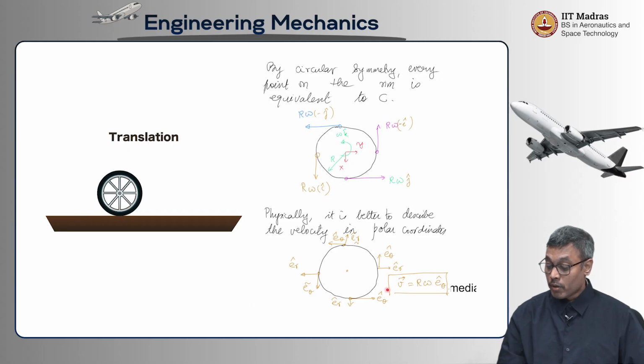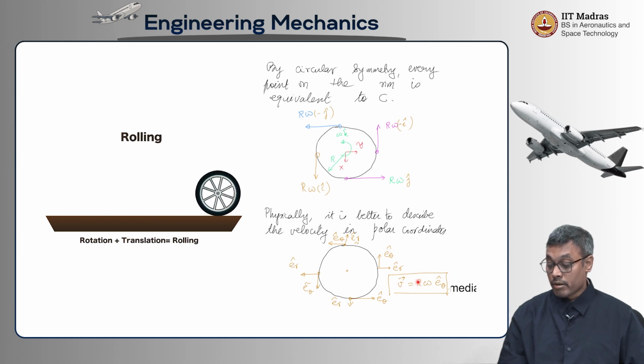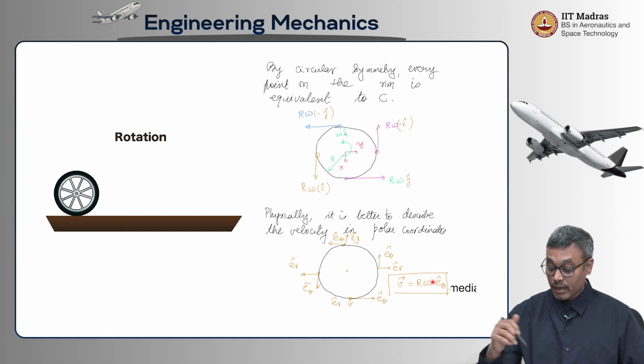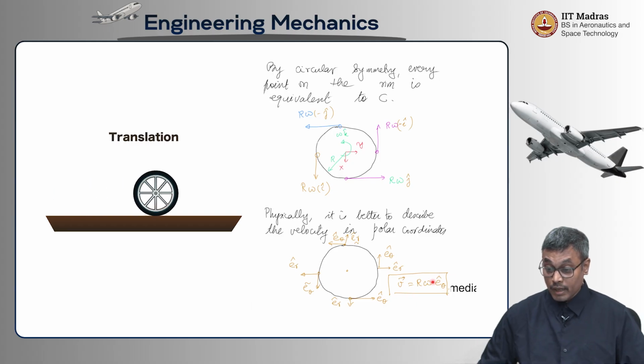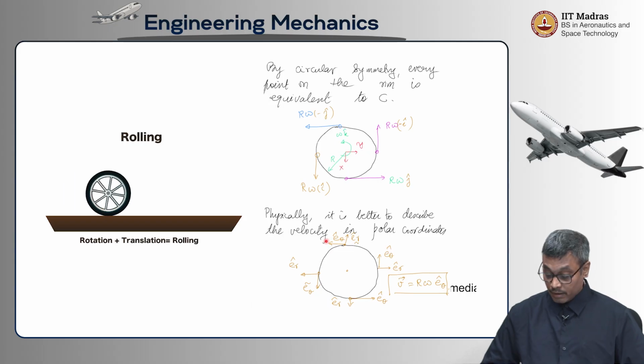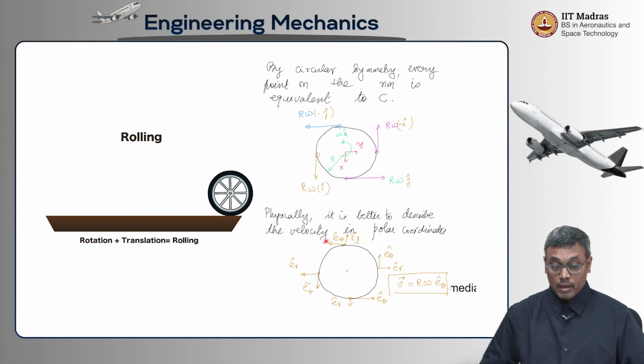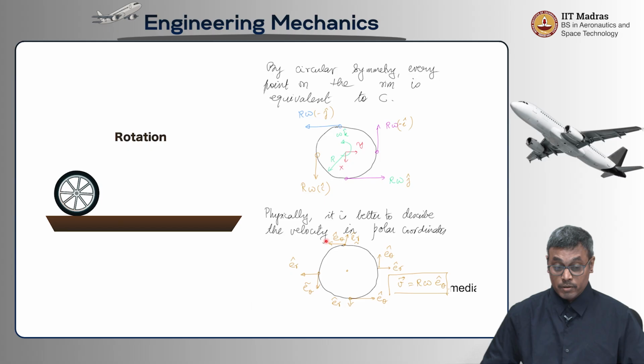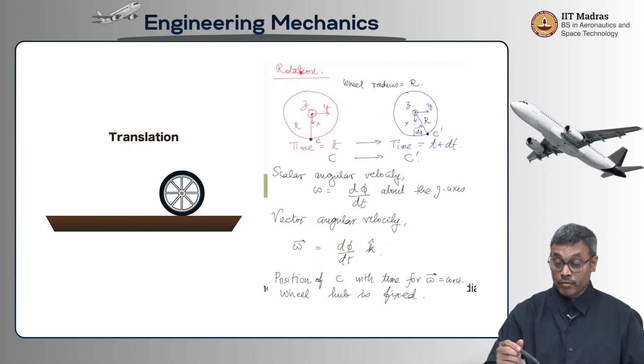So, in polar coordinates, we can write the velocity more simply. We say that the v vector equals r omega times e theta hat. This is the description of the velocity anywhere on the circumference of this solid. So far we have talked about rotation, which is the first component of rolling.